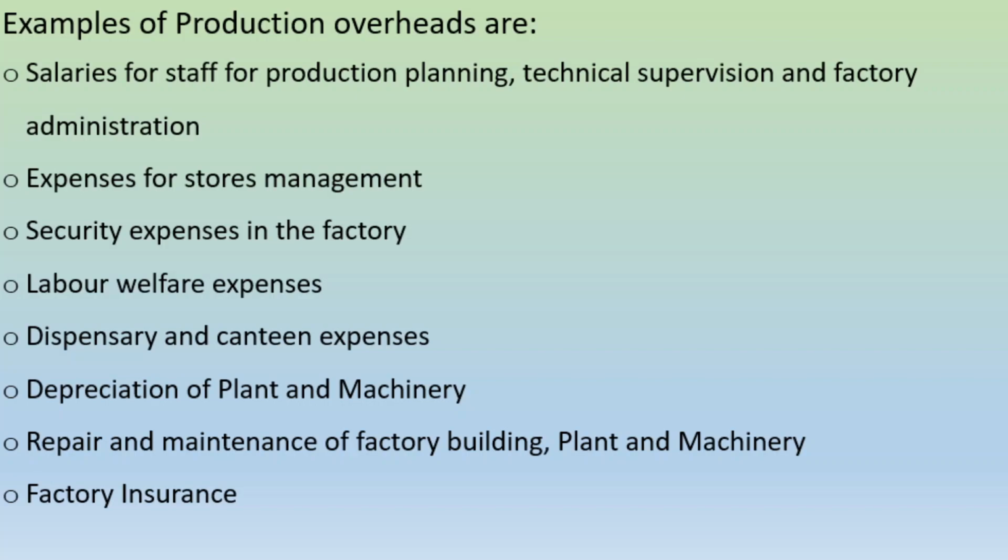Expenses for stores management. Security expenses in the factory like supervisor's salary. Labor welfare expenses like employee state insurance. Dispensary and canteen expenses. Depreciation of plant and machinery, repair and maintenance of factory building and plant and machinery, factory insurance.